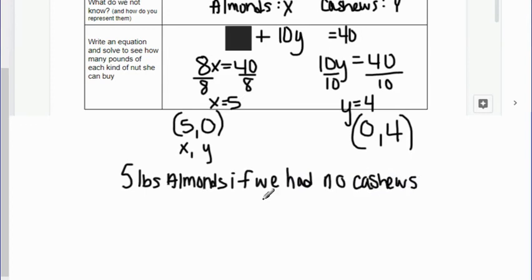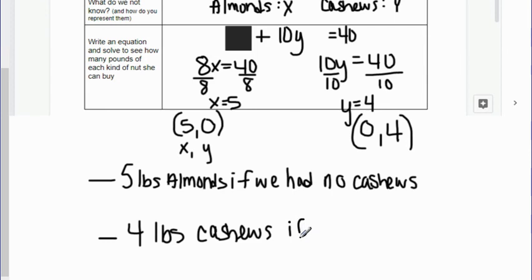So that's what the first point means. The second point right here, the 0, 4, if we have no almonds, we would have 4 pounds of cashews. So that is what those points technically mean.